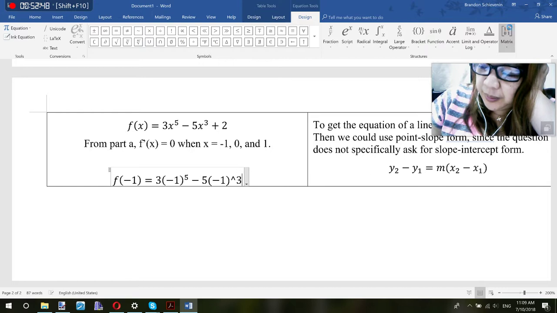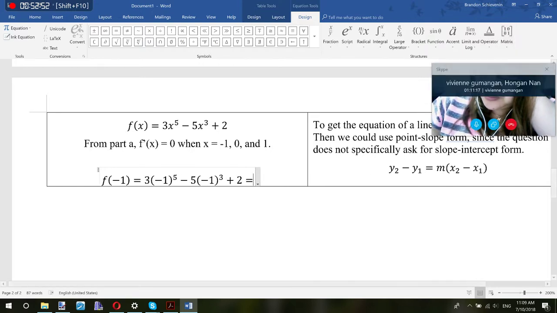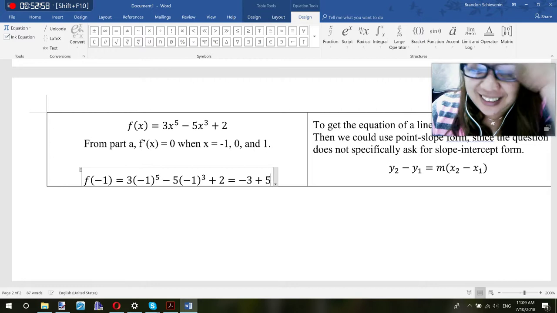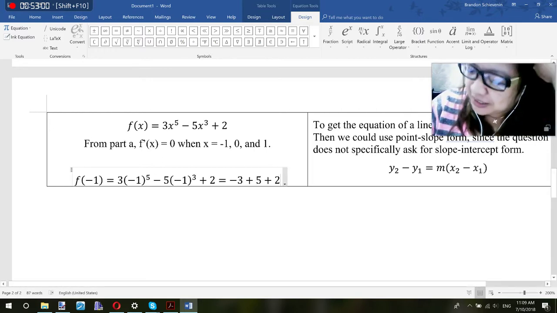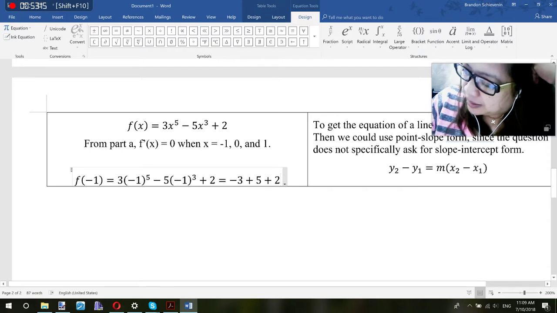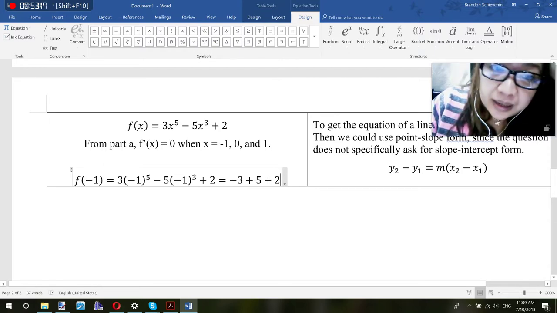I did not get 0, so hold on. These are all odd powers, so my negatives are going to stay negative. So I've got -3 plus 5 plus 2, right?